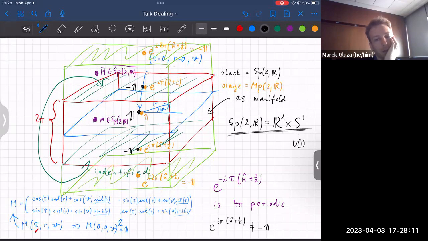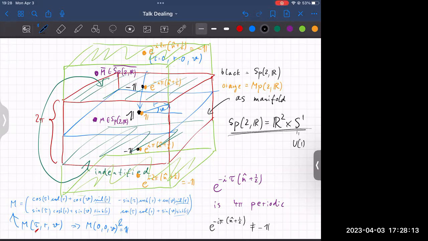As a manifold, this is a diffeomorphism. Oh, I guess that is actually your question. So you mean, is it isomorphic as a group? And there the answer is no.